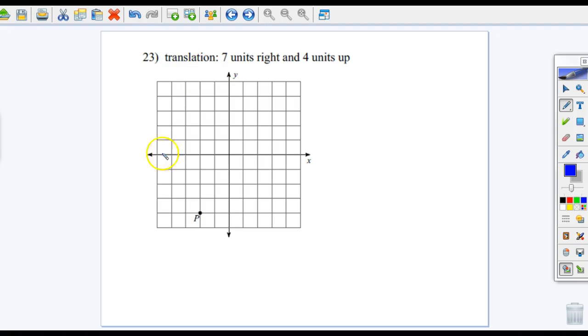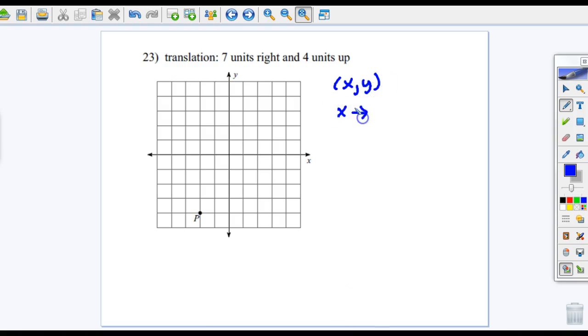Okay, so here we have a point P. And the rule tells me it's a translation going 7 units right and 4 units up. Okay, so if you remember from our talk about ordered pairs or coordinate pairs, we have an X and a Y, right?